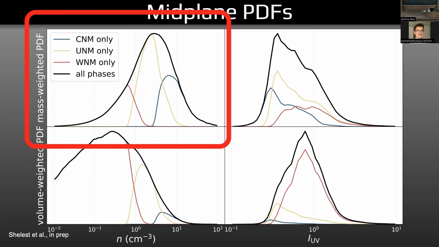And lastly, the most surprising result is that once we draw the mass-weighted PDF, we see that WNM, the red curve, and CNM, the blue curve, contribute essentially the same mass to the total mass fraction, while UNM occupies most of the phase. It's quite an interesting result in my sense.